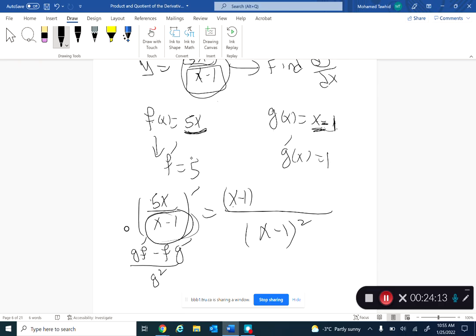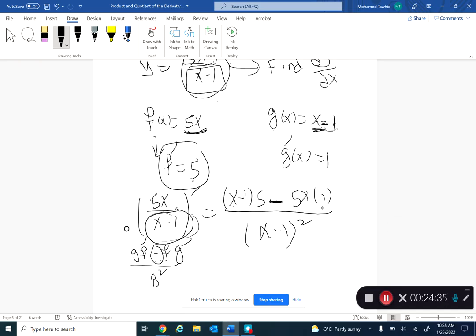You can copy f prime from here, which is 5, then minus in the middle. Then f, which is 5x, times g prime, which is the derivative of x minus 1, which is just 1. And then you are done.